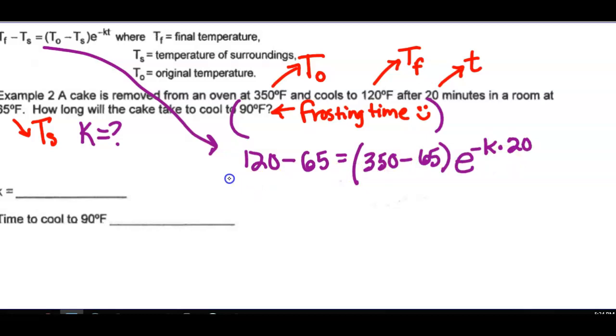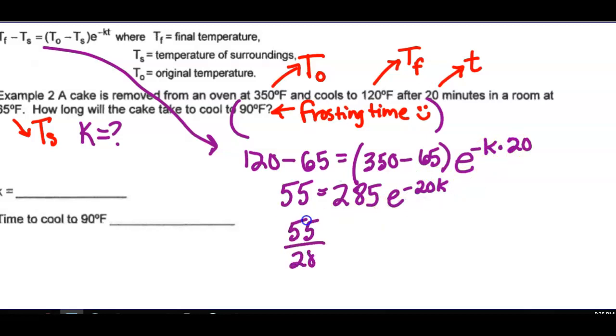All right, so don't make a silly mistake like I always do. 120 minus 65 is 55. 350 minus 65 is 285. We have e to the negative 20k. I'm just going to switch the order so it looks a little nicer. First thing we do is divide the 285 over here.